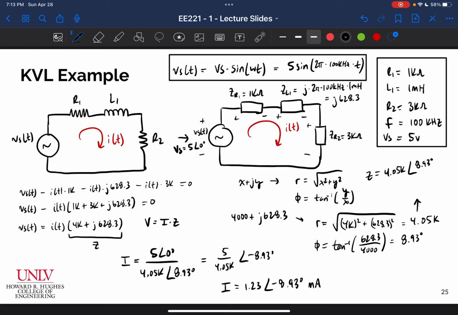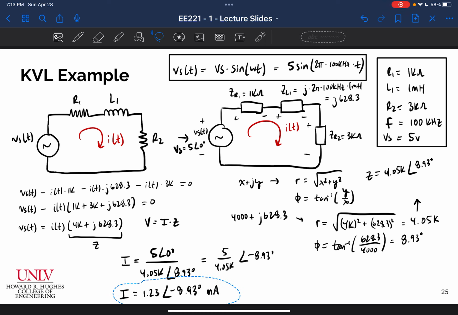How would I get this into I of t, a time domain function? Let's move this over. All I have to do is take the exact same omega t that I used for the voltage, because my frequency isn't going to change. I can take this same sine, and slap on my new magnitude and my phase, and I will be done with this problem.